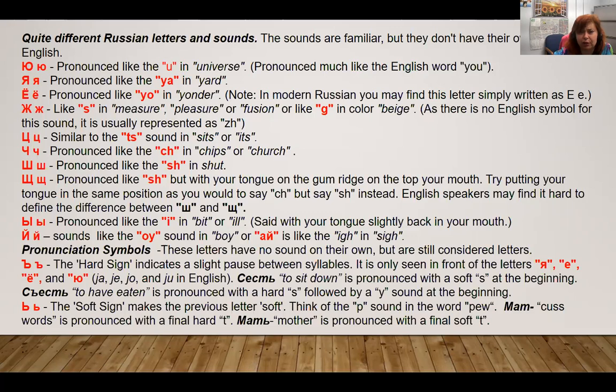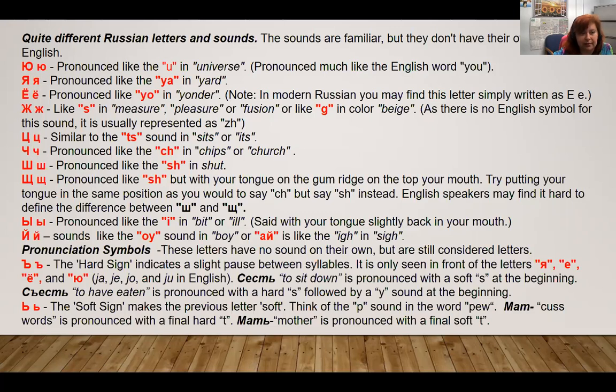In modern Russian, you might find this letter simply written as ye, without two dots at the top. Like I said, from the context Russian speakers know whether it's ye or yo. I don't know why they do that. Maybe in printing they economize on ink. I don't know, but don't use it. Zh.